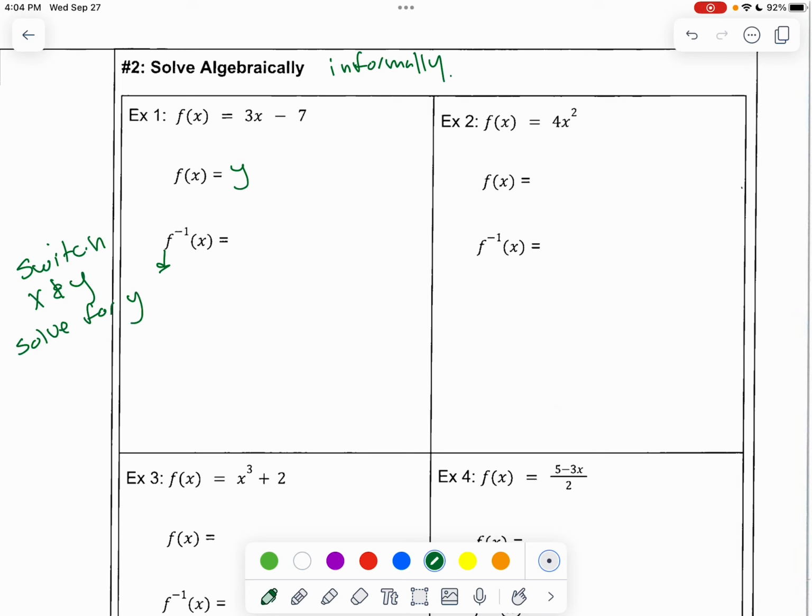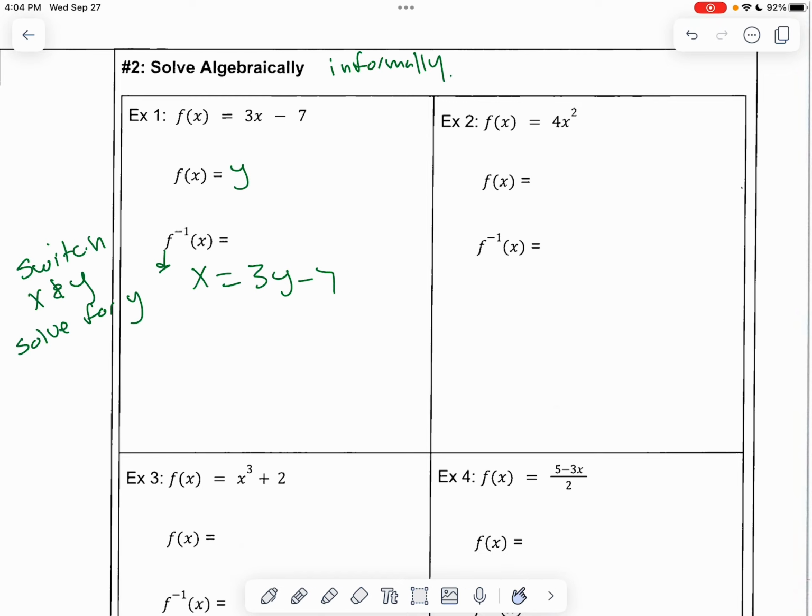So that function is f of x equals 3x minus 7. I'm going to rewrite that as x equals 3y minus 7. So I'm going to solve for y.